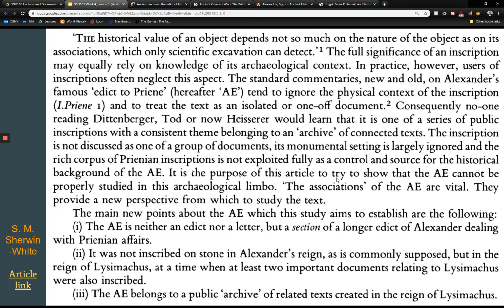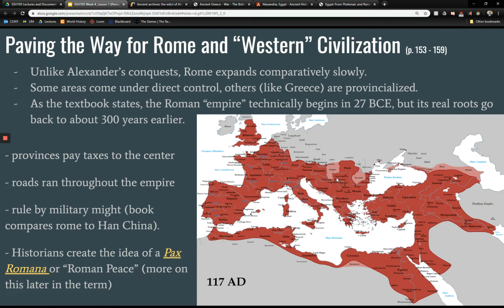You can read all about this yourself, but the association of the AE, as they call it, Alexander's Edict, with Alexander himself is not necessarily true, and a lot of what has been attributed to Alexander in his conquest in terms of state building was actually carried out by his followers. So this is an important distinction, but I won't go too deep into this.